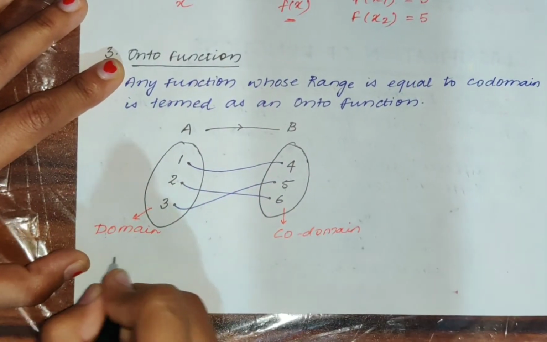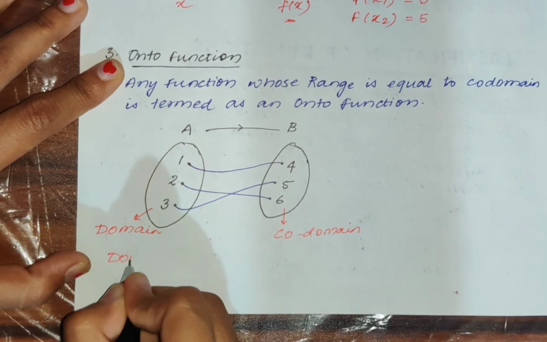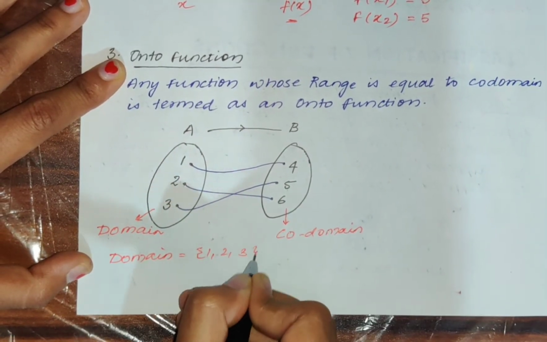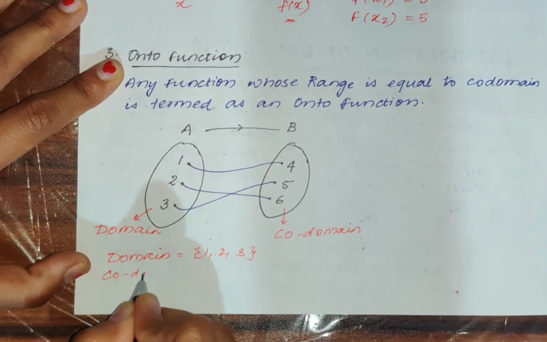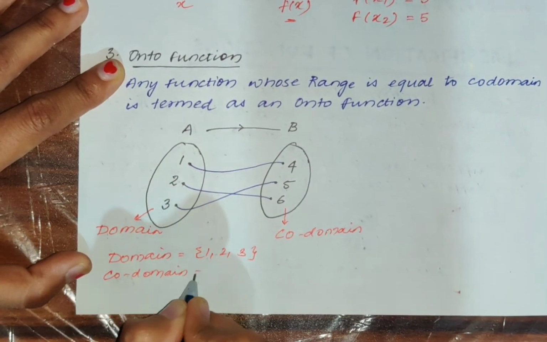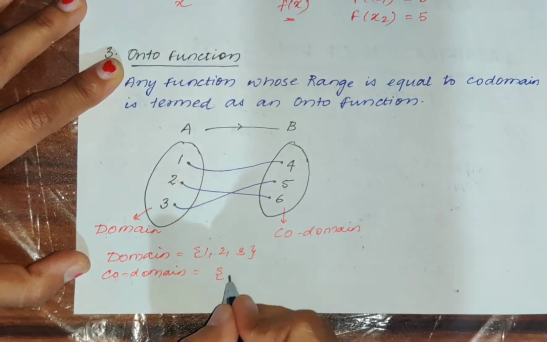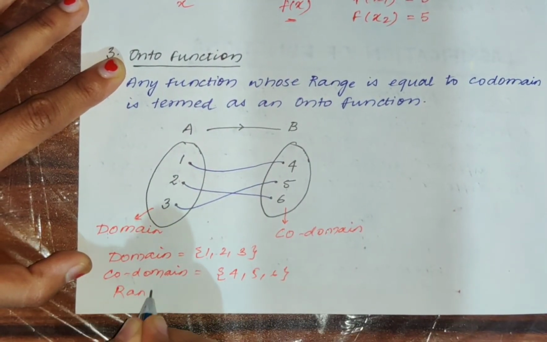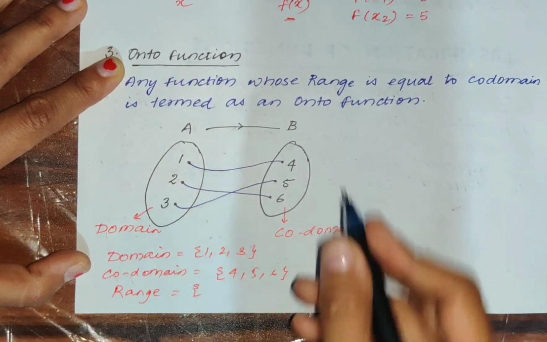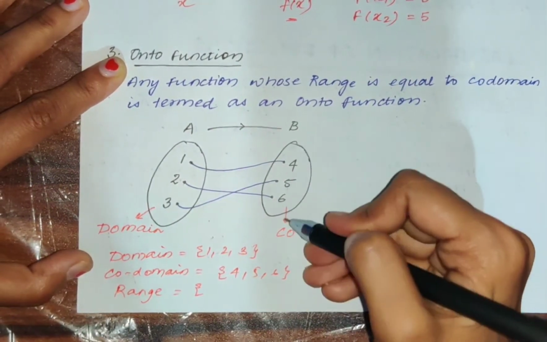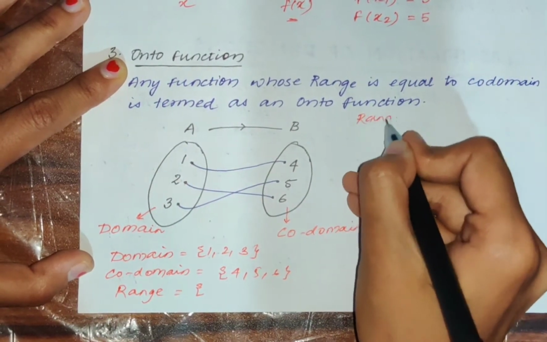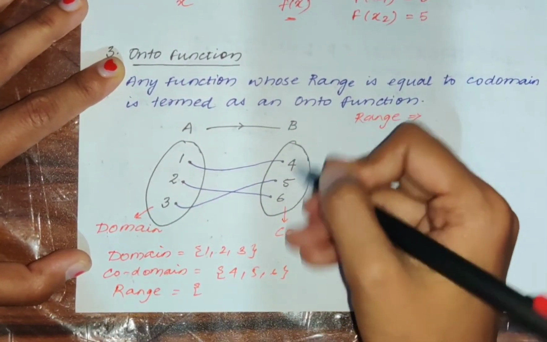The domain is all the elements present in set A. The codomain is all the elements present in set B: 4, 5, 6. Now what is a range? Range is nothing but the mapped elements of set B.